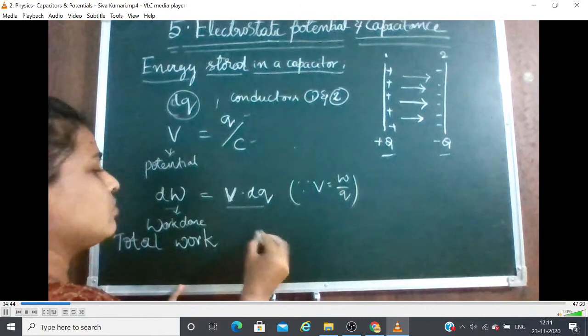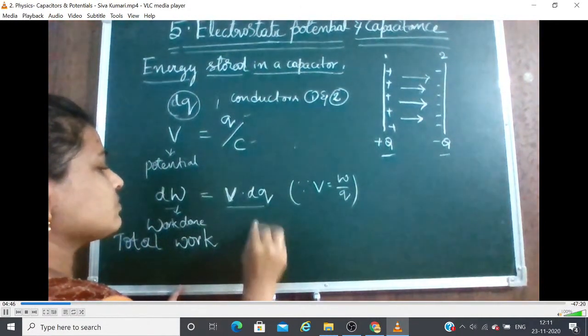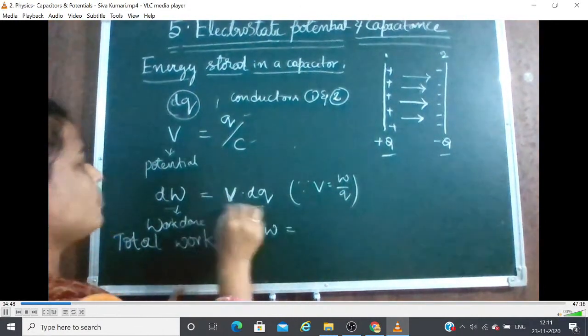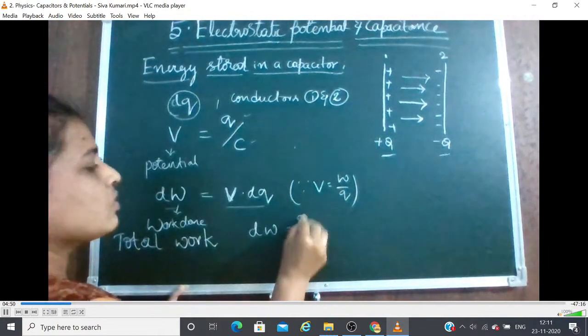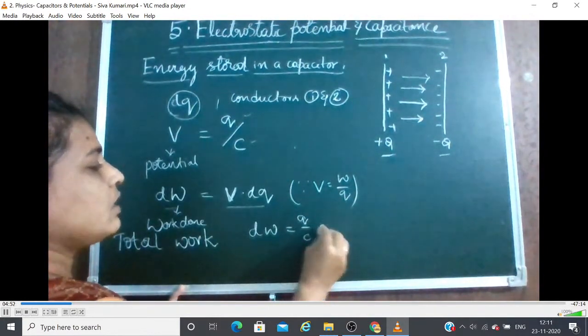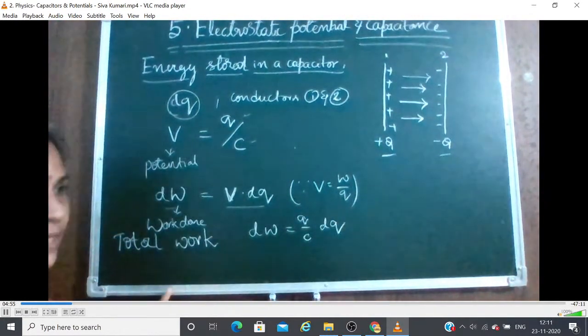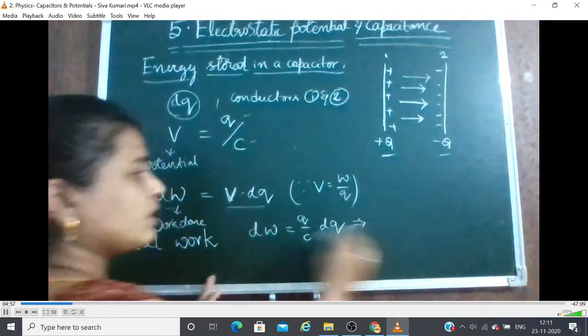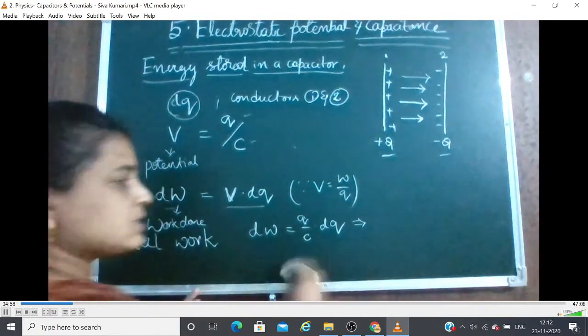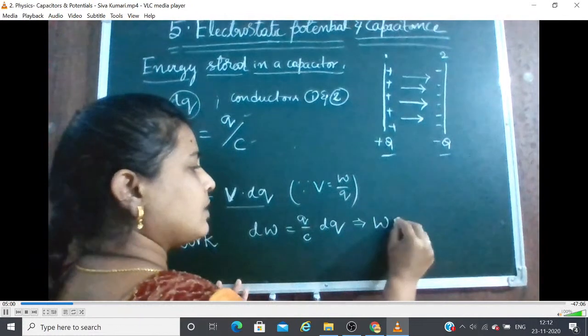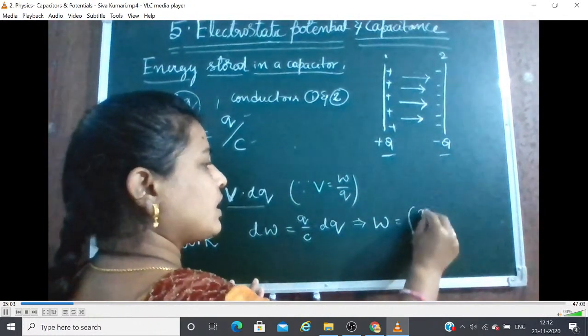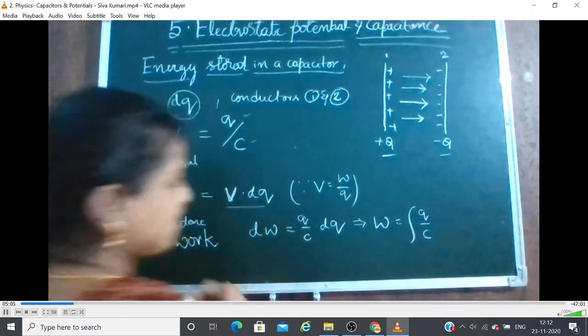So dW is equals to, we have V is equals to Q by C, dq. Integrating both sides, we will get W is equals to integral of Q by C dq.